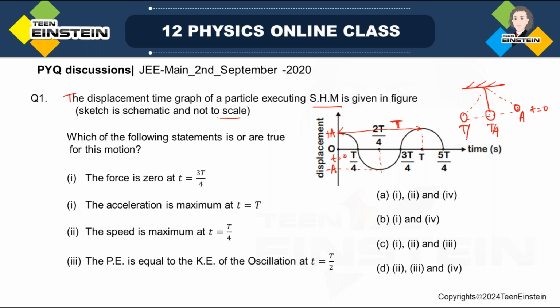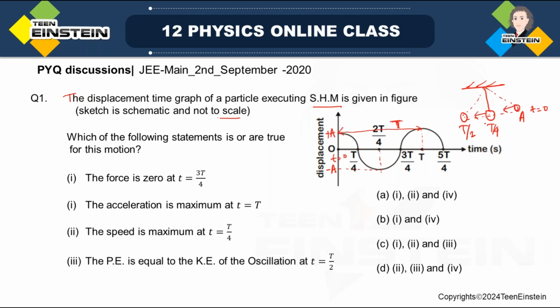So this will be T by 2 here. T by 4, T by 2. Now it comes from here at equilibrium T by 4, then it goes further to this. Okay, so let me see up to this T by 2.